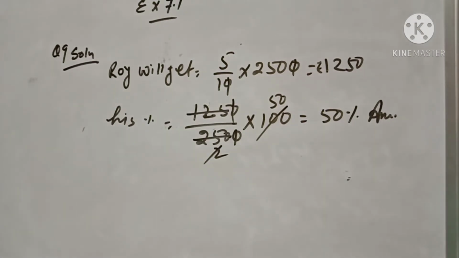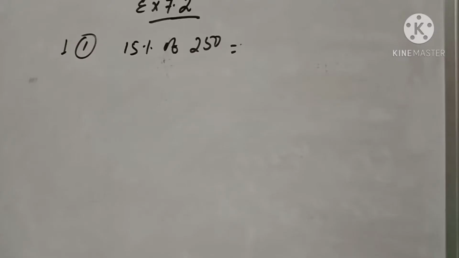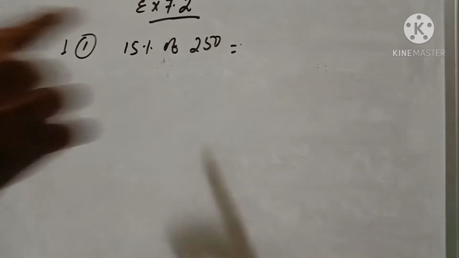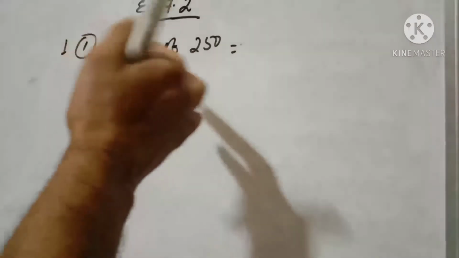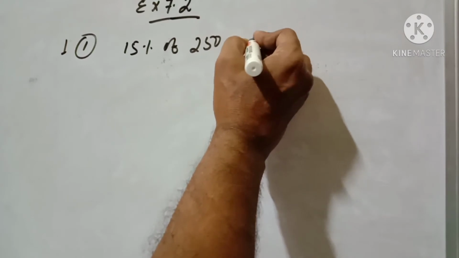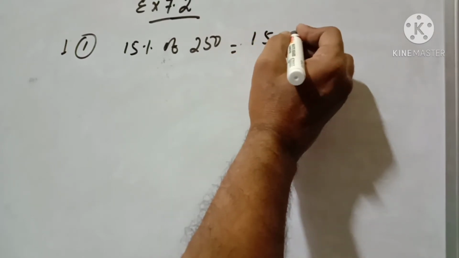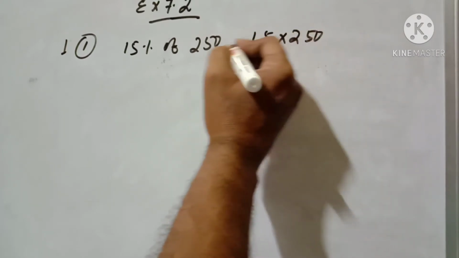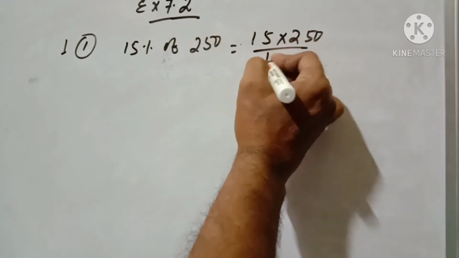Now we have to move to 7.2. In this exercise you have to discuss finding a percentage of a given quantity. Suppose question number 1, it is given find 15% of 250. Of means here multiply. So I have to write 15 into 250 and remove the percentage, divided by 100.